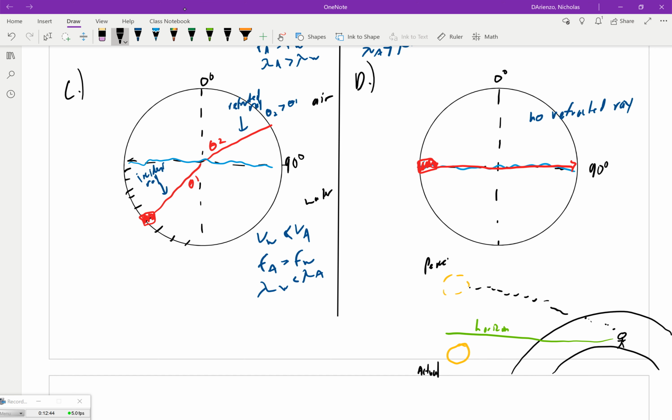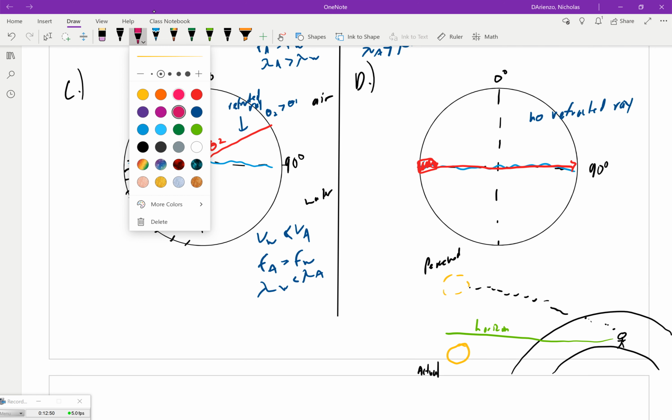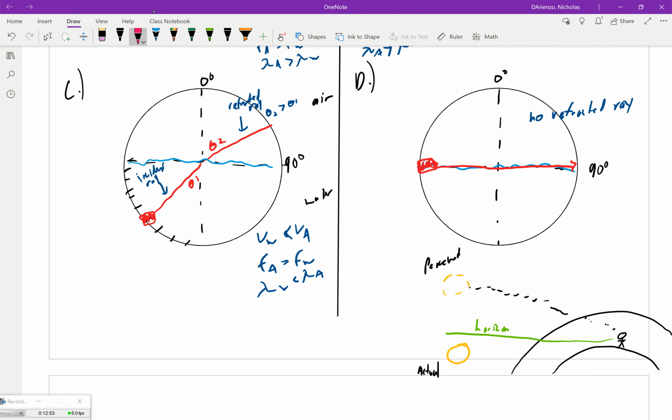This is the perceived position of the sun. So the actual sun's rays, I'll change the color here so we can see this. If this is the atmosphere here, and this is Earth, the surface of Earth, the light rays are moving.